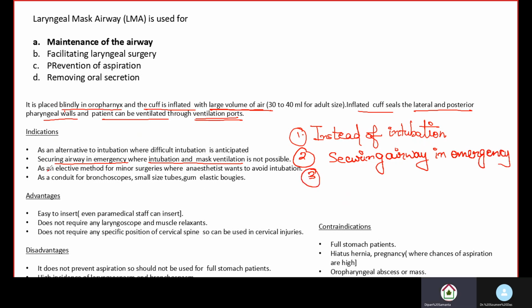Number 3, as an elective method for minor surgeries where the anesthetist wants to avoid intubation.